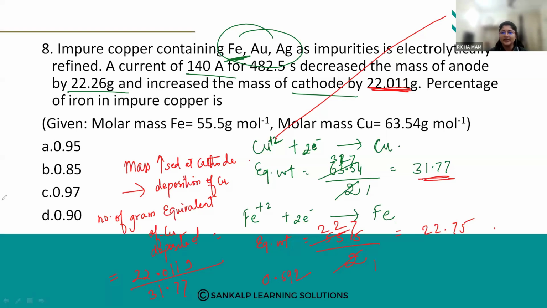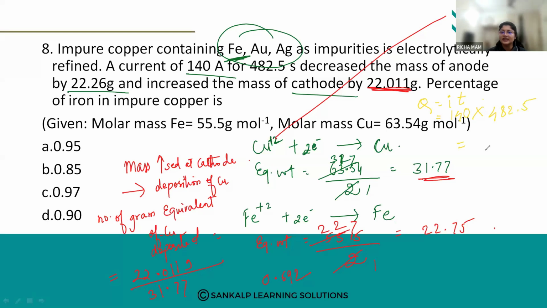So we are making use of Faraday's first law. By the formula of Faraday's first law, Q is equal to IT. So how much is the current passed? It is 140 into time taken, 482.5 seconds.